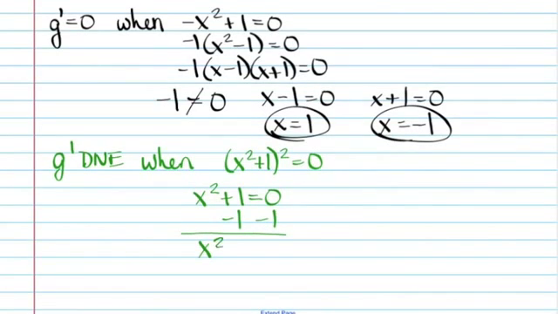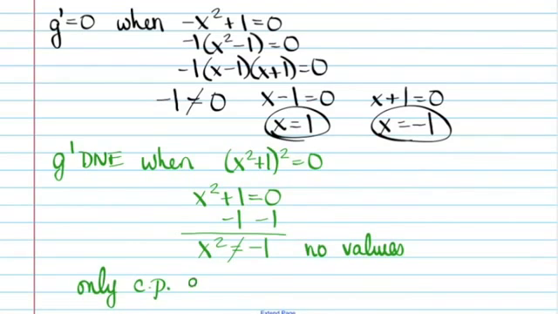So I subtract the 1, I get x squared equals negative 1. Now I can take the square root of a negative number, but I'm not going to get any real solutions. And I'm only interested in real. So I'm not going to get any real solutions here. So then my only critical points are occurring at x equals positive or negative 1.